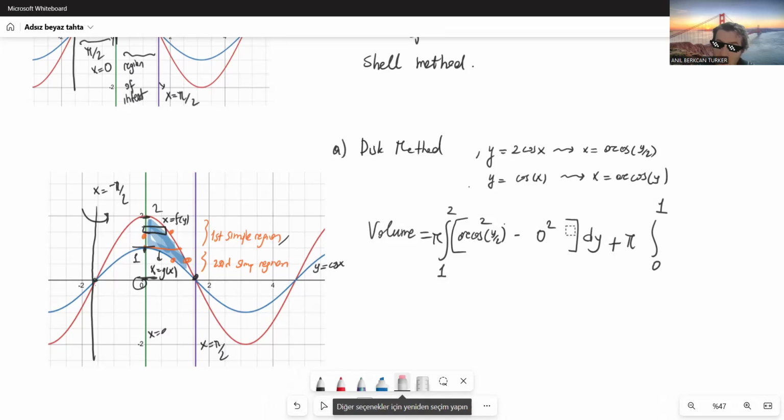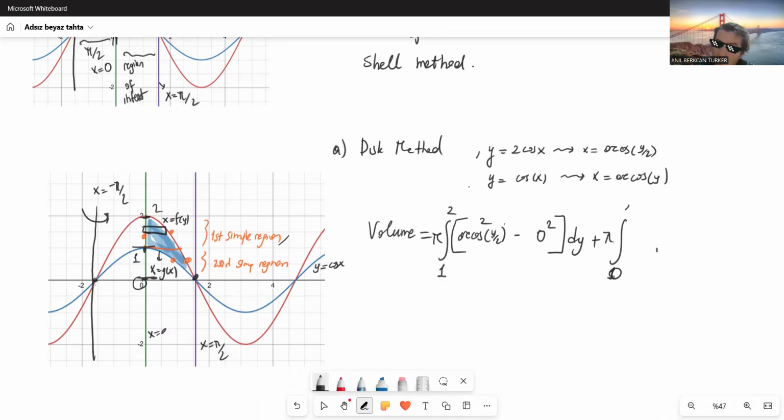Sorry again. dy plus pi, 0 to 1. Now I'm going to write the same thing I wrote wrongly in the first case: arc cosine of y over 2 minus arc cosine y, dy. Of course, I need to take the square. This will give me the volume of the region by this method.